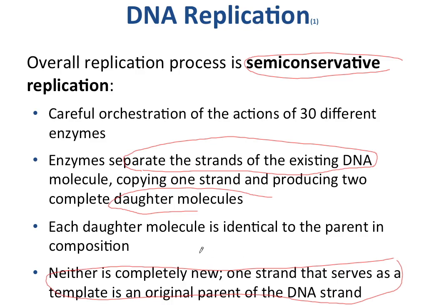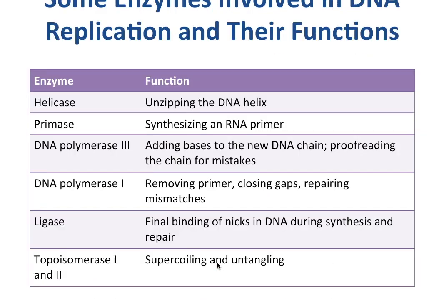So this means it's not completely new, because the new DNA double strand consists of one piece of old strand and one piece of new strand. That's why it's called semi-conservative replication.